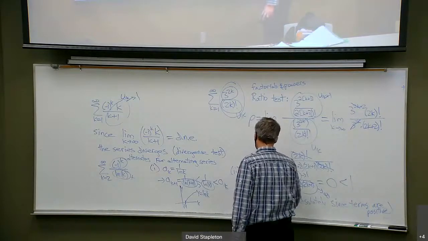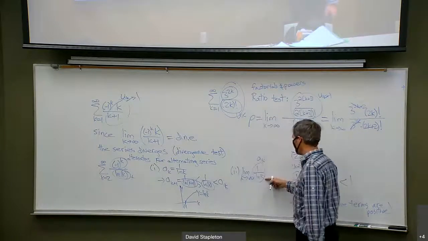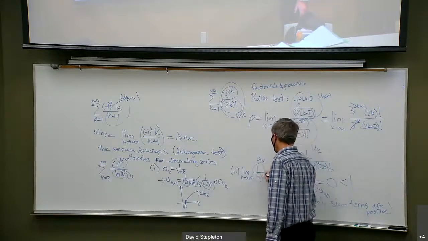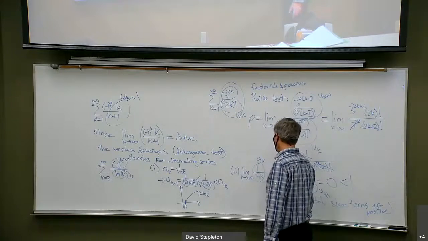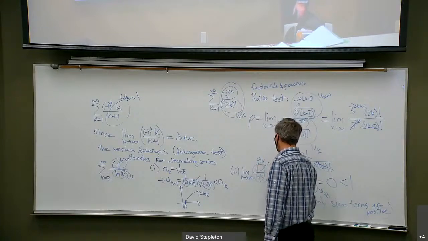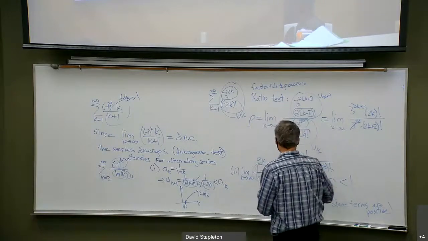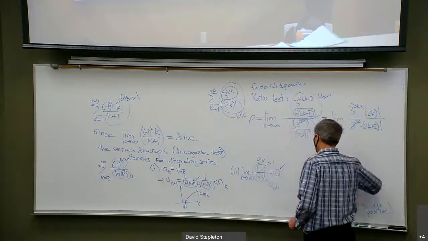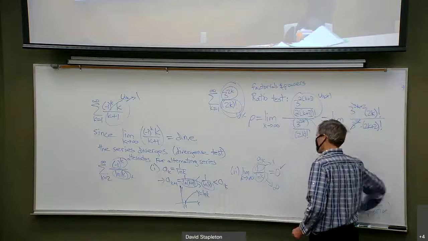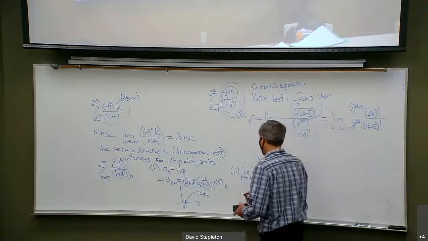Well, ln k, you remember, goes to infinity as k goes to infinity. And so this one's going to 1, and that one's going to infinity. The limit is 0. What that proves then, by the alternating series test, is this actually converges.